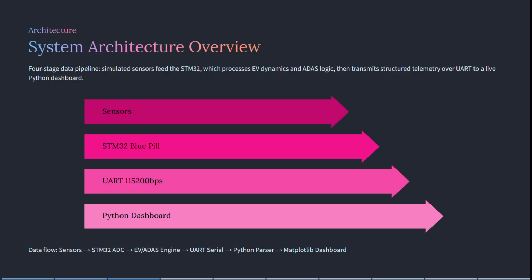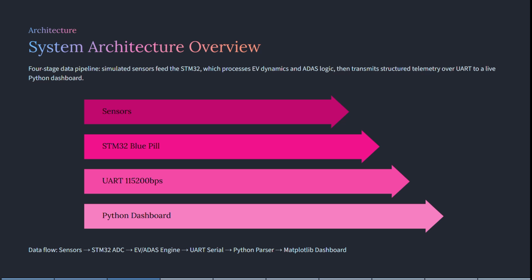The system architecture and overview. The four-stage data pipeline. First is the sensor stage, which gets the inputs from the physical environment. The simulated sensor feeds the STM32 Bluepill, which then processes the EV dynamics and the ADAS logic. Then it transmits telemetry over the UART to live.